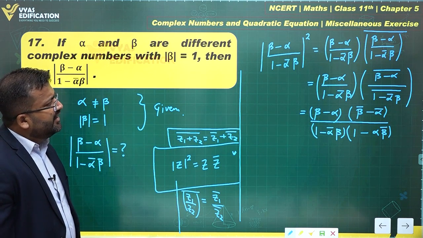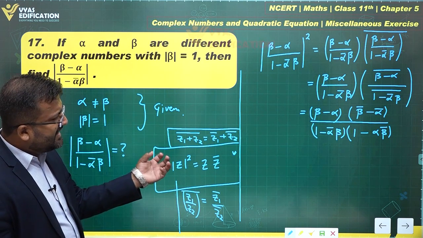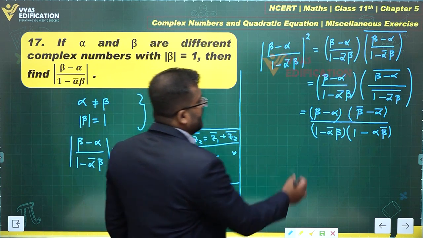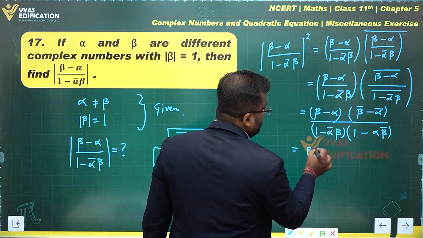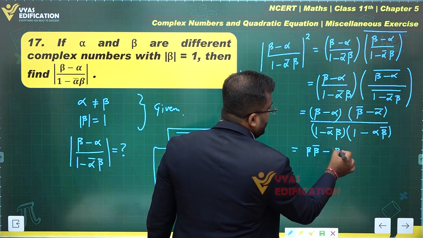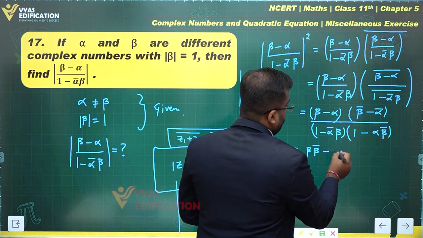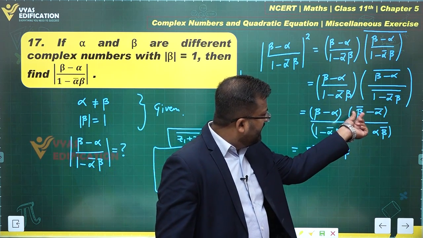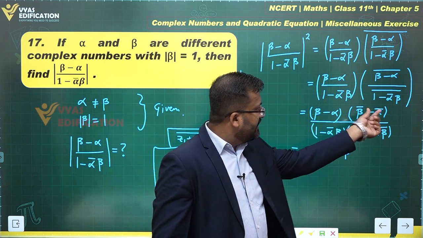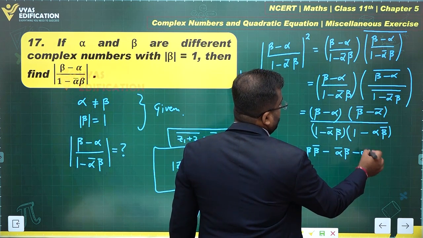Now, as you may observe, we can simplify these expressions. Let's multiply them together. On multiplying beta and beta bar, we get beta beta bar minus beta alpha bar, that is, let's write it as alpha bar beta. I'm multiplying this beta with this beta bar, applying the distributive law. Beta times alpha bar, alpha times beta bar minus alpha beta bar.